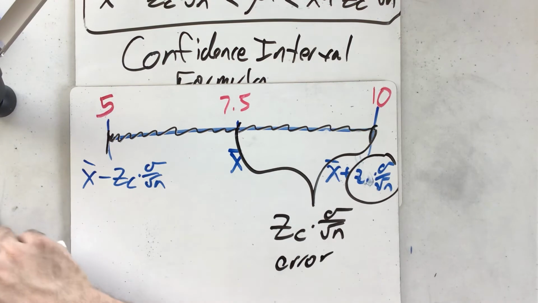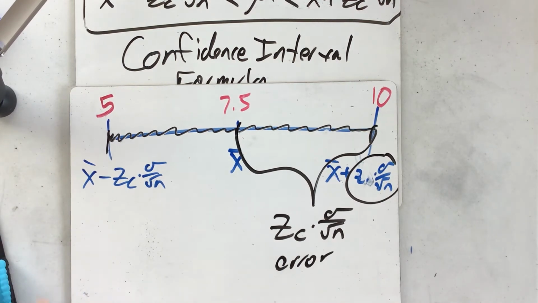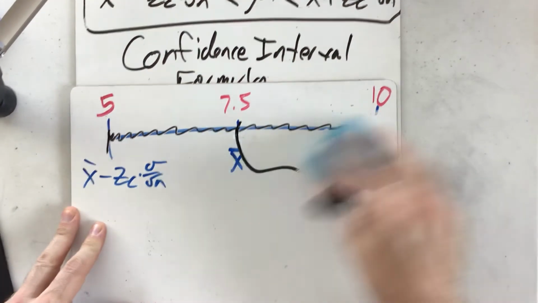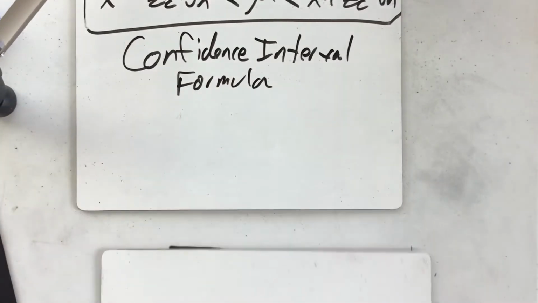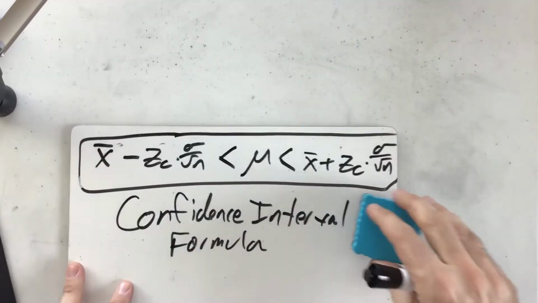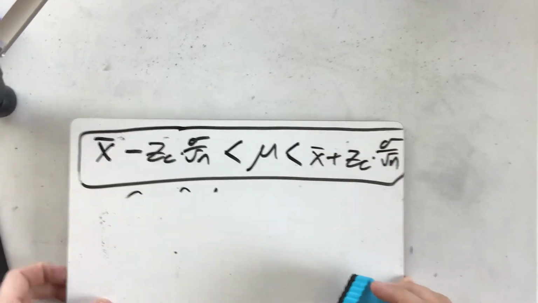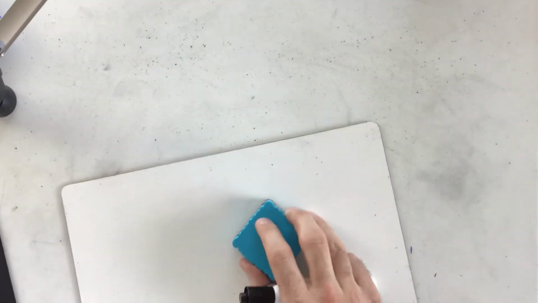Okay, we are ready to try some problems. So let's do some problems and see how much success we can have. All right, let's keep our formula and then come work on the problem.